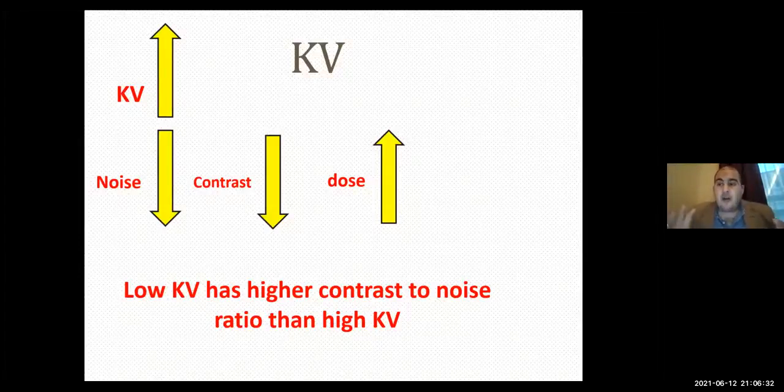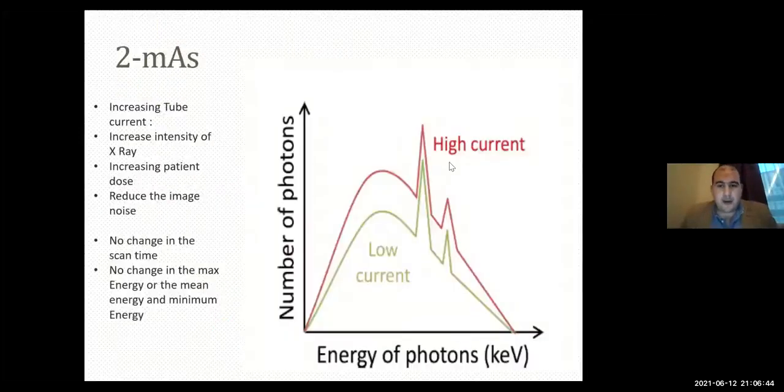That's the reason why we use low kV in contrast media cases, and in small size and medium size patients. So that was the first parameter. You can adjust it in your CT protocol.